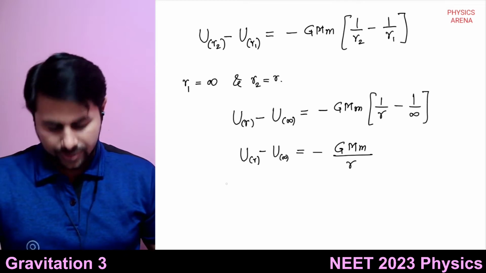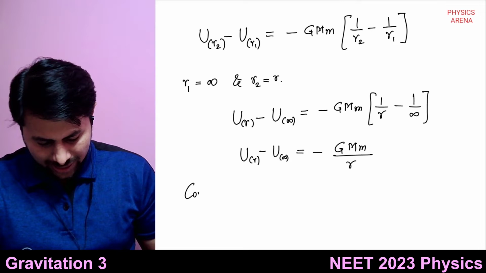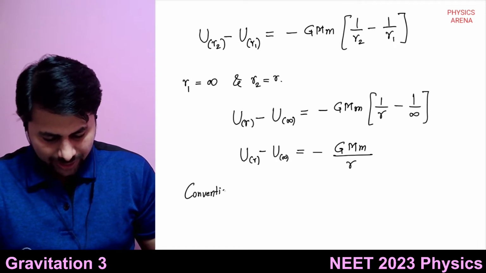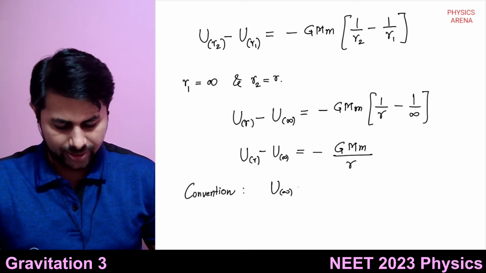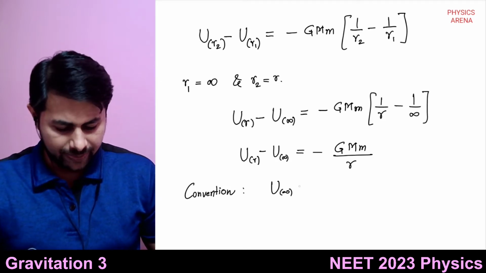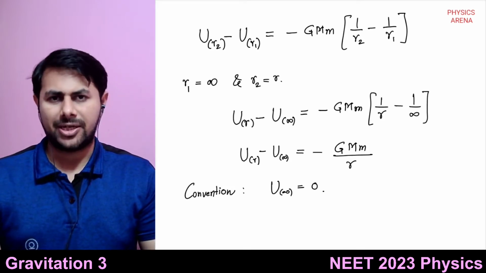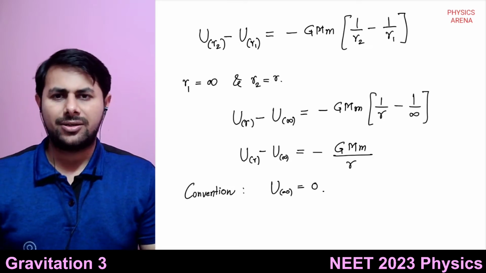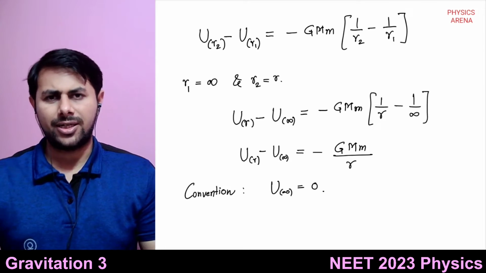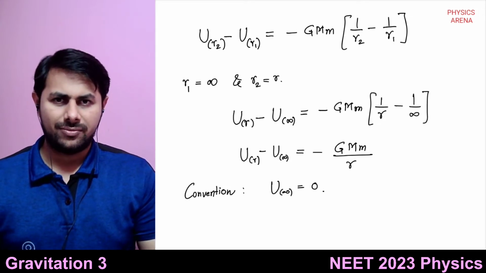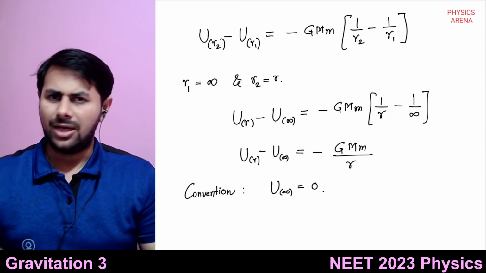Now we make use of a convention. This is purely a convention, but it is a convention which helps. So potential energy at infinity, we consider it to be 0. This is a simplification. It doesn't really matter. It can be any constant. We can have potential energy at infinity equal to anything, it will just add up in the formula for potential energy everywhere.